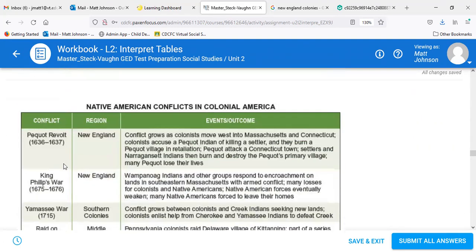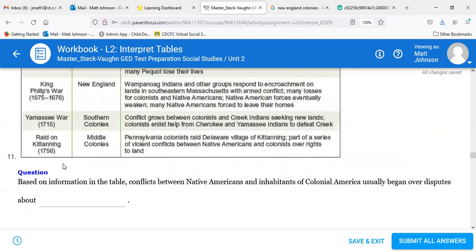And number 11. So based on information in the table, conflicts between Native Americans and inhabitants of colonial America usually began over disputes about land. Absolutely. And there's a very cultural aspect to that.